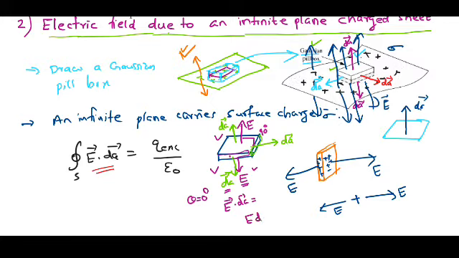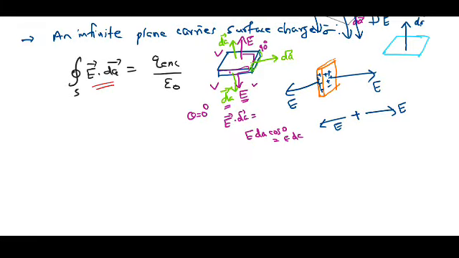Therefore this will be E dA cos 0, this will be E dA. So this is the small amount of flux passing through this small area dA. That is d phi is equal to E dA. If I want to find the total flux through the bottom surface, that will be phi is equal to the integral of E dA, that is EA, because the electric field is uniform.